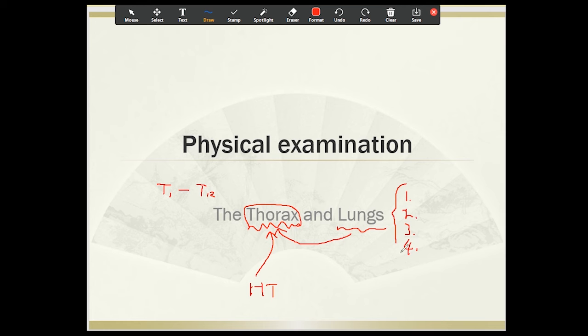All of these 4 ways we can use for both the lung and the heart. That's certainly a big part of physical examination, and we can get a lot of information from it. We separate the chest area into 2 classes. Today we mainly talk about the lung and the general chest area. Next class we go to the heart.